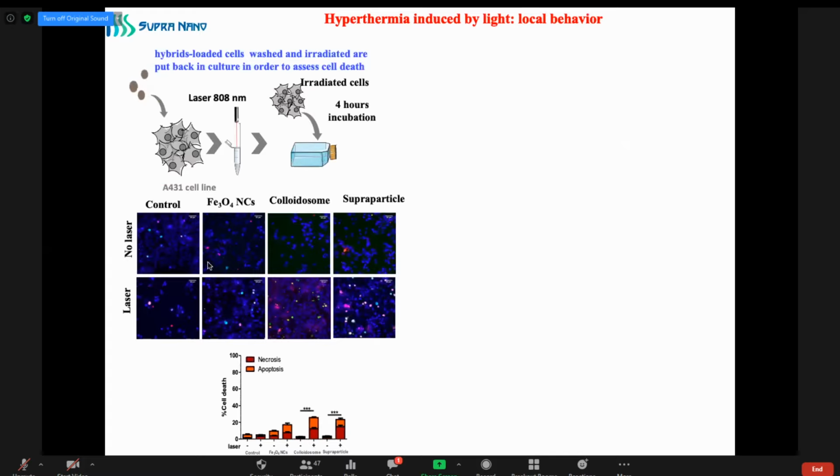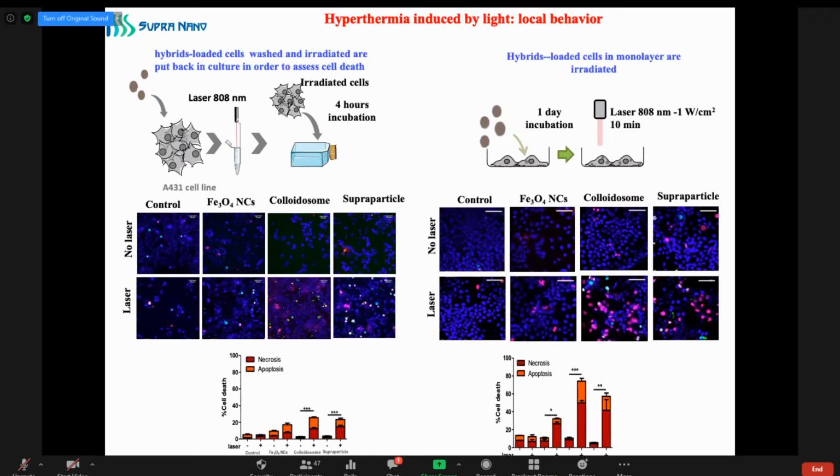And after, if you don't have an irradiation, you keep more or less the same. The system does not change, but when you irradiate it, you can see here the pink and the yellow correspond to dead particles, either by necrosis or by apoptosis, but they are dead.